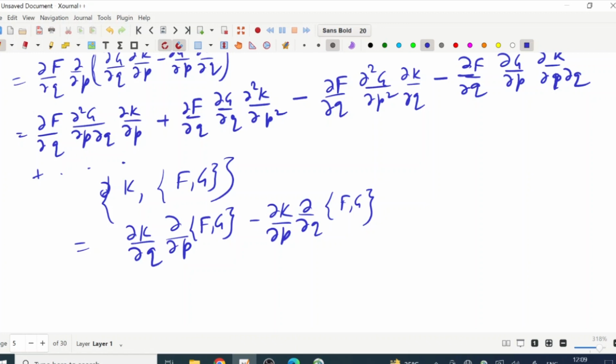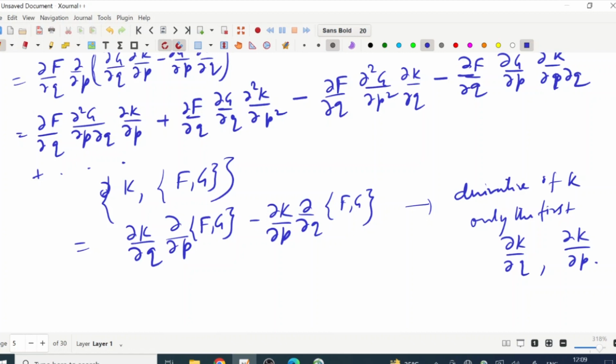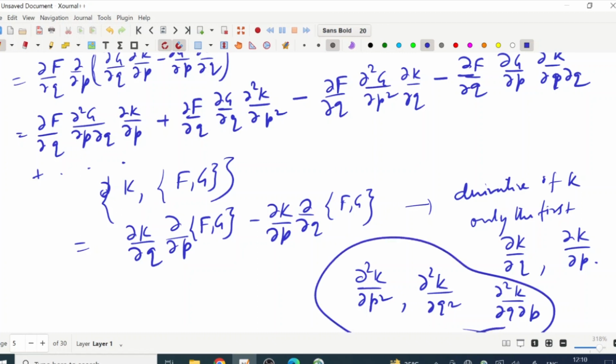But notice that in all these 8 terms, the derivative of K is only of the first order. That means it will always be del K del Q or del K del P. There will not be a single non-vanishing term with del 2 K del P square, del 2 K del Q square or del 2 K del Q del P. These 3 types of terms will not appear.